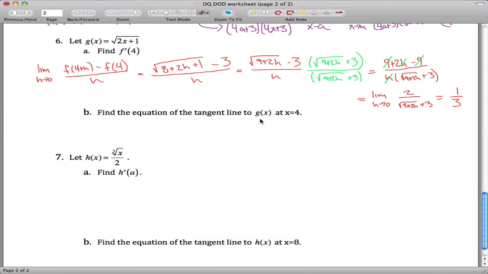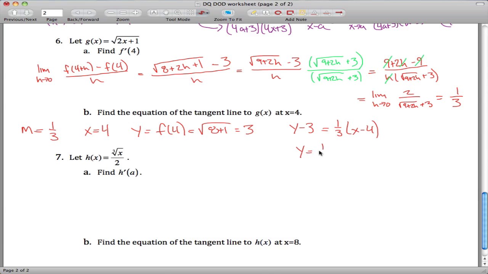Find the equation of the tangent line. Okay, so this right here will be our slope. So we got m equals 1/3. X equals 4. Y is f of 4, which is square root of 8 plus 1, which is 3. So now I got y minus y1 equals m times x minus x1.